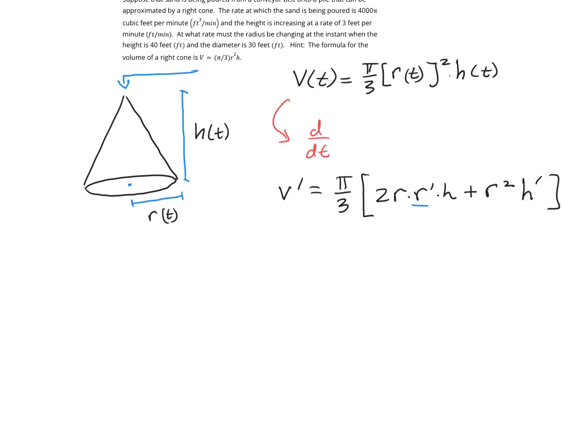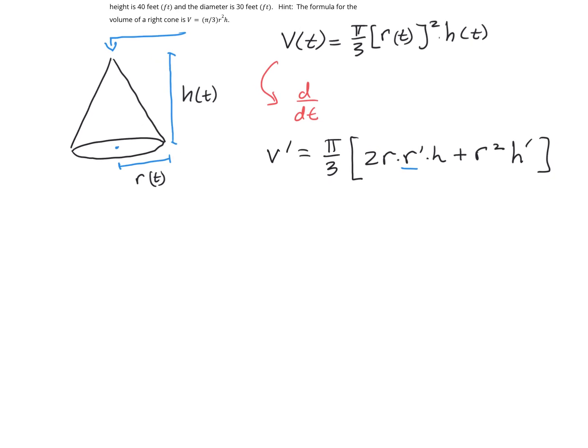The first thing to do to isolate this r prime is to multiply both sides by the reciprocal, 3 over pi. So we're going to have 3 over pi times V prime is equal to 2 r prime h plus r squared h prime.